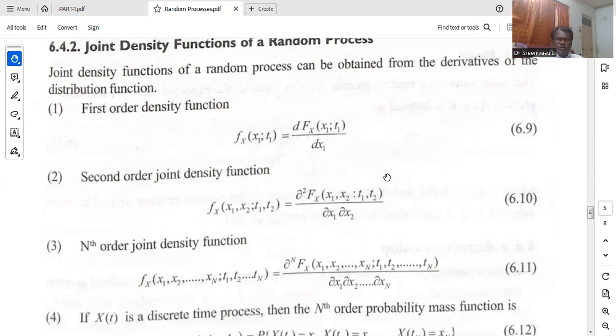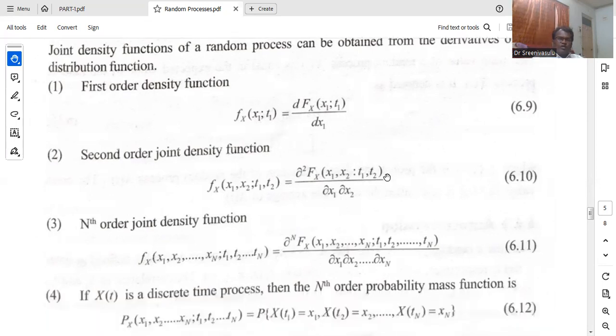Now, if you apply this concept to the second order joint density function, the random variable is considered at two time instances. At time t1, the corresponding data is x1, and at time t2, the corresponding data is x2.